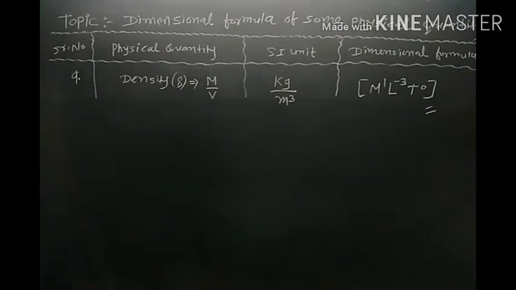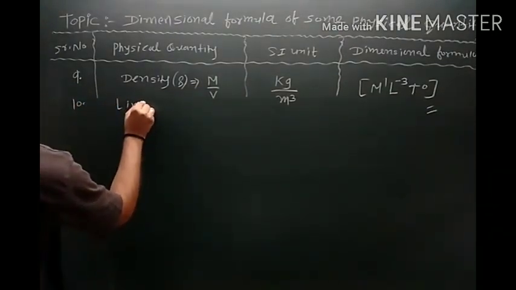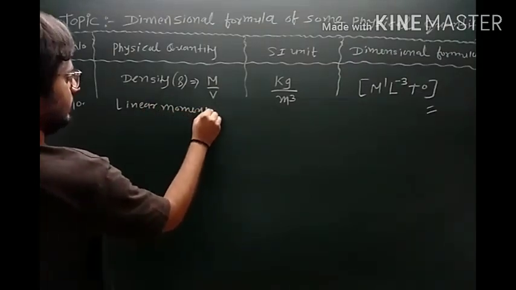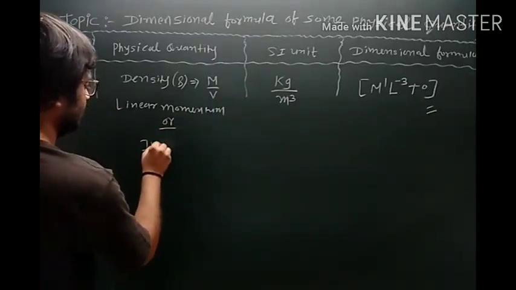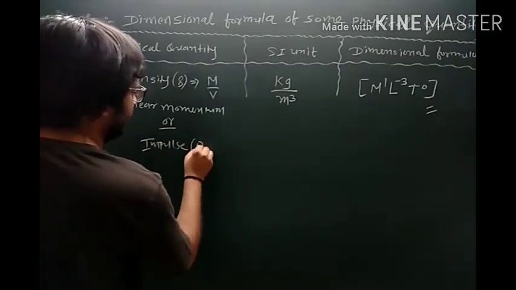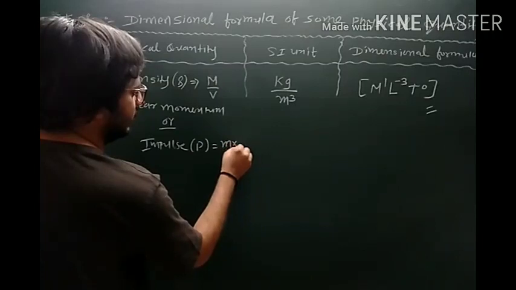The tenth is linear momentum, or impulse. The linear momentum is nothing but mass into velocity.